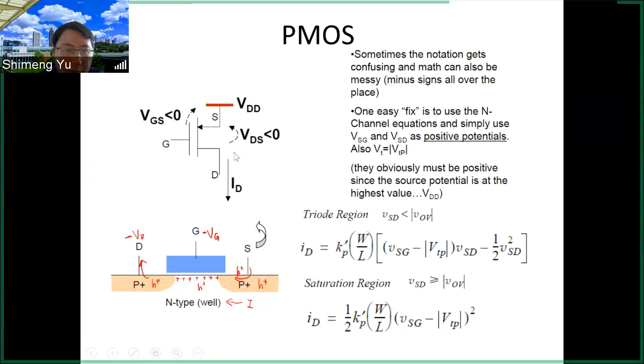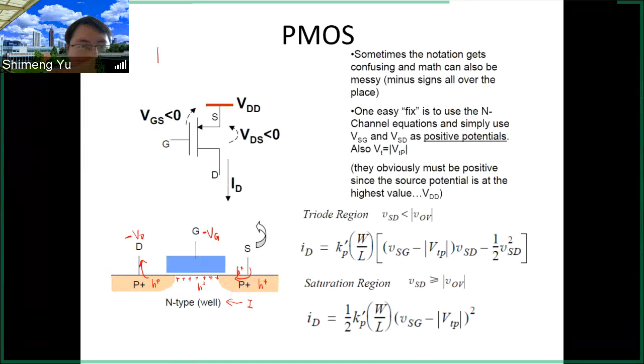And if you look at the voltage bias for the PMOS, all the voltages here will be negative compared to the NMOS. So all the voltage polarities will be inverted. That is a very important conclusion for the PMOS.